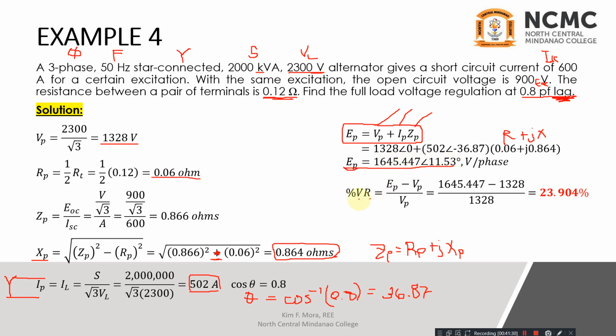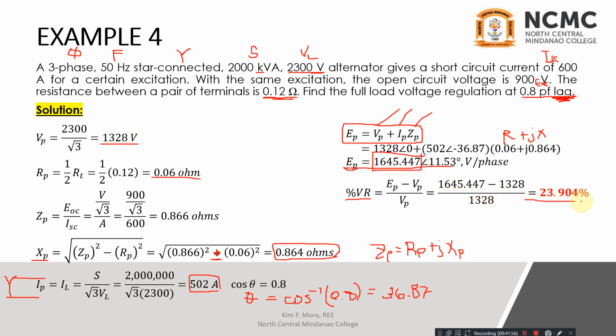And to solve for our percent voltage regulation, no, EP minus VP over VP, i-substitute lang nato ang magnitude. Magnitude lang ha, walay apil ang angle. So magnitude nga 1645.447 minus the value of our VP, which is 1328, divided by 1328.